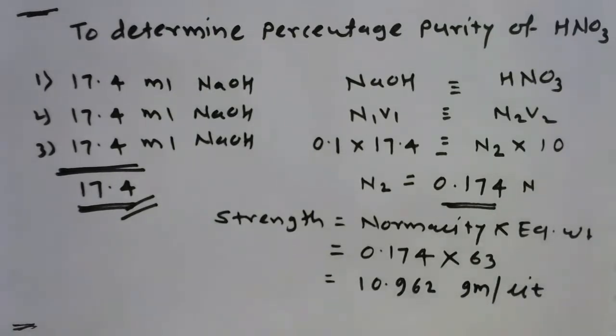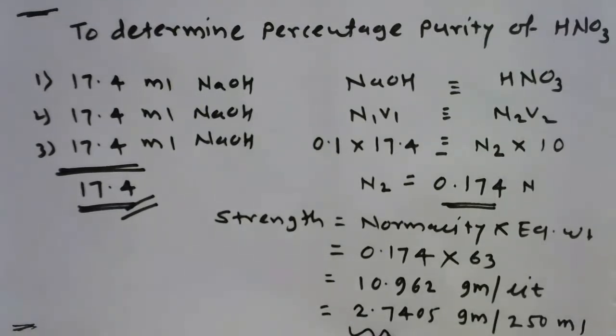But remember one thing, we have prepared 250 ml solution, meaning it was not 1 liter. Therefore, for calculation of the quantity of HNO3 in the prepared solution, we have to divide this value by 4. Therefore, it will become 2.7405, and its unit will be gram per 250 ml.